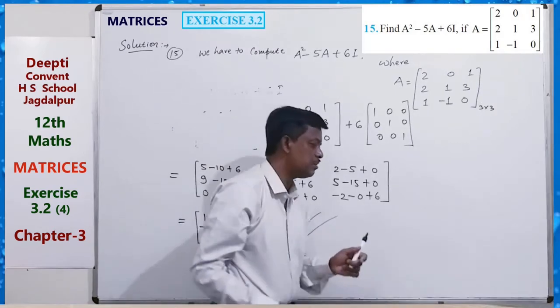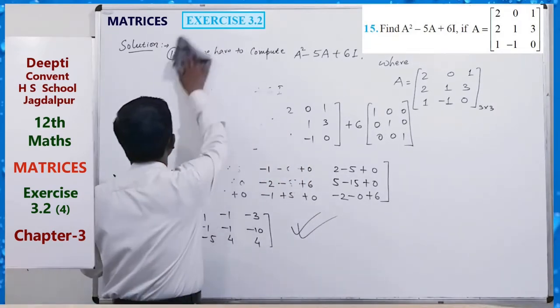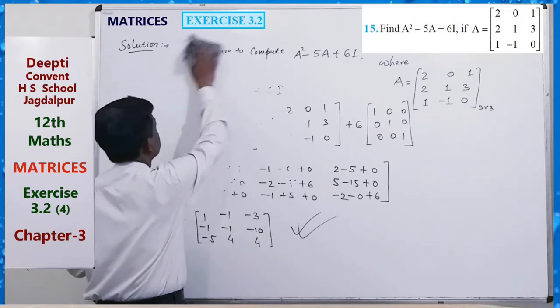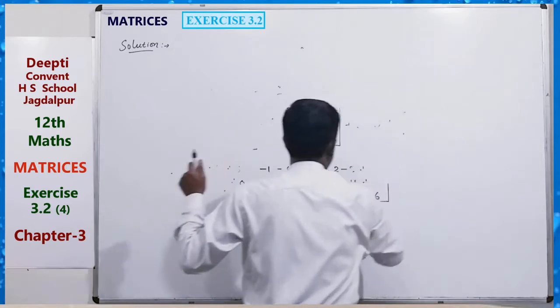Now take question 16. Question 16 is what? If A equals this, then prove that. The same type of question is there.